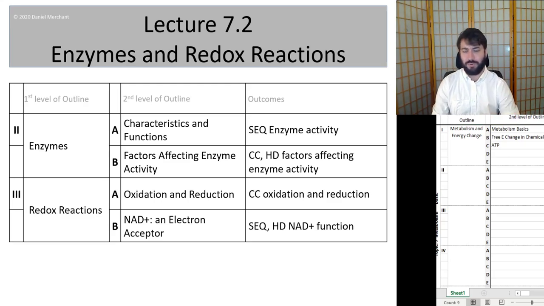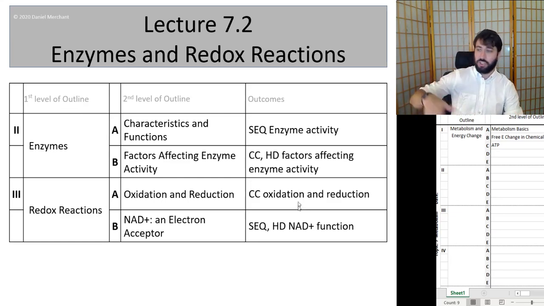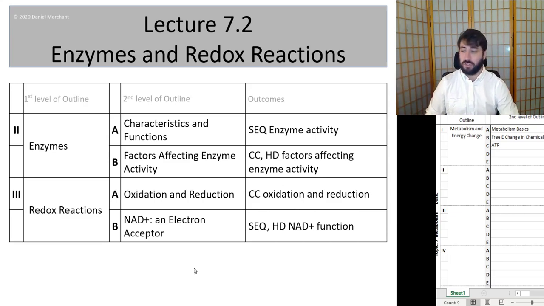I'm sure you did it already while you're taking notes. You're old hats at this. Anyway, so enzymes, like how they function and the things that make them function better or worse. We're also going to talk about redox reactions and what electron acceptors are, which are going to be really important when we get to photosynthesis and cellular respiration.